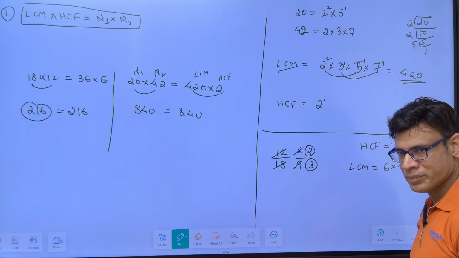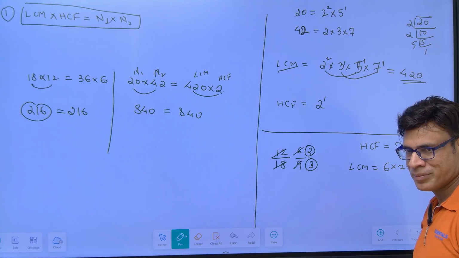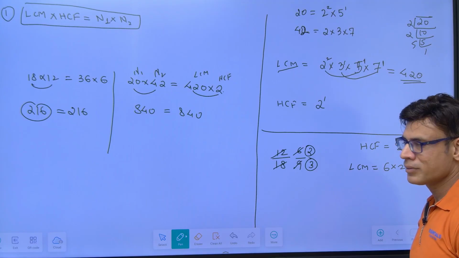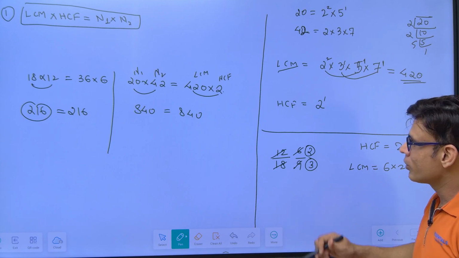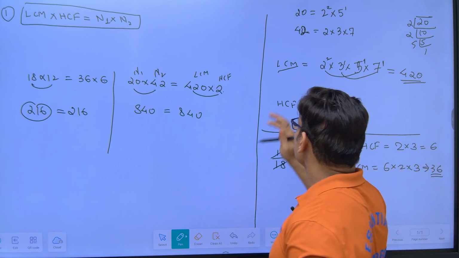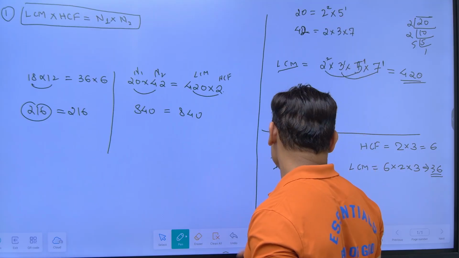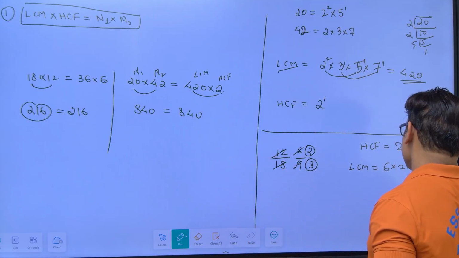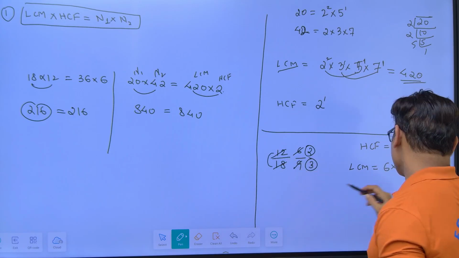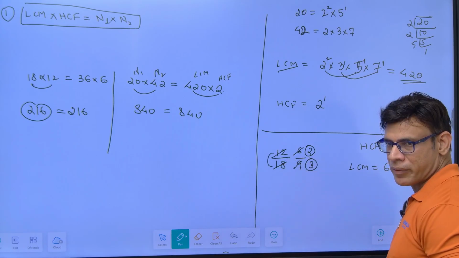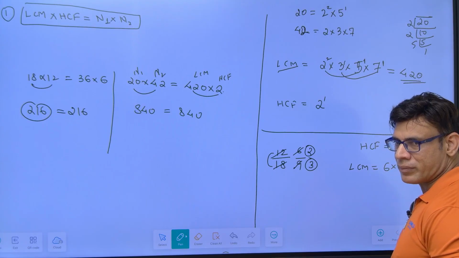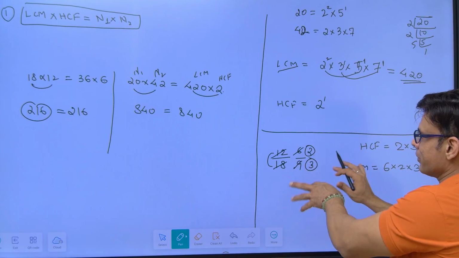Sure? Doubt? The numbers we took earlier, yes, same. This one. These are your two numbers, and this is LCM into HCF. I've taken two examples, this one and that one.